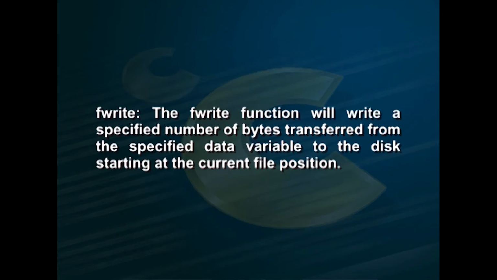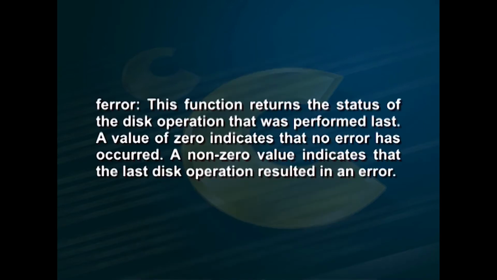The fwrite function will write a specified number of bytes transferred from the specified data variable to the disk starting at the current file position. It is the programmer's responsibility to ensure that the file position is located correctly before the block is returned to the file.